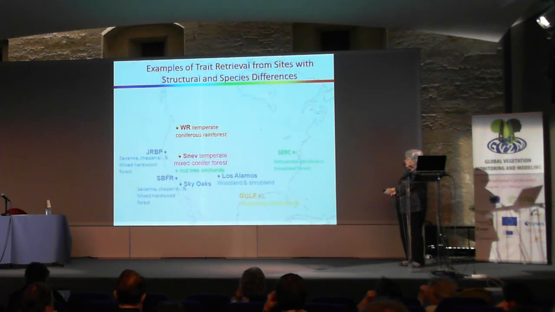For some examples of retrieving some of these things, I have examples from a variety of different environments, all around the U.S. In the eastern U.S., a temperate deciduous forest, a conifer forest on the west coast in the Cascade Range, some chaparral, some shrub-dominated communities in coastal California and Southern California, Sky Oaks is another one, and Los Alamos, which is a woodland and shrubland dominated system.